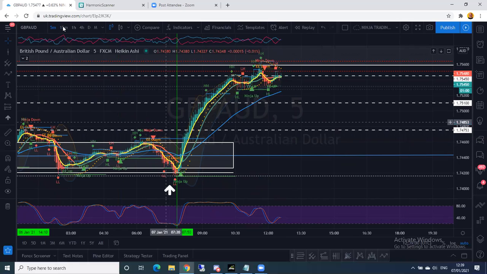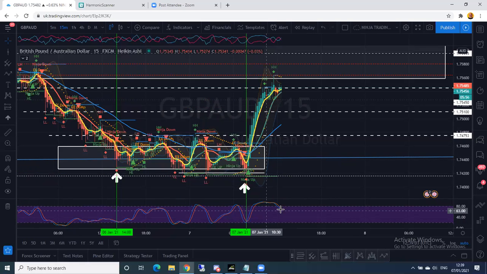Ideally, I'd be looking for the 5 and 15 to be in a similar area in order to get my trade up and running.